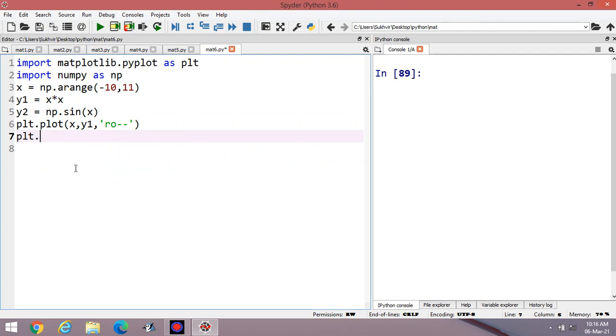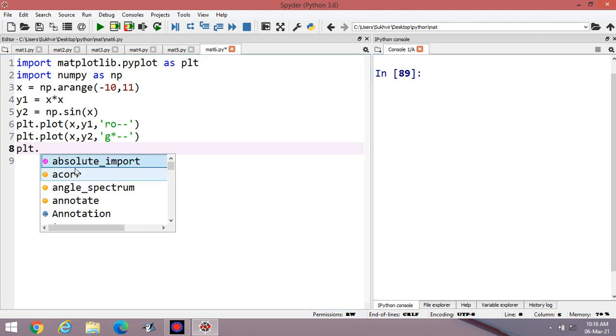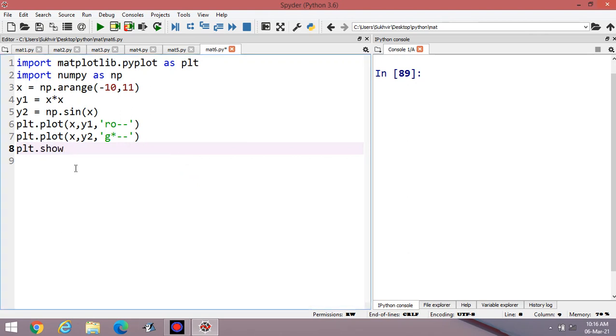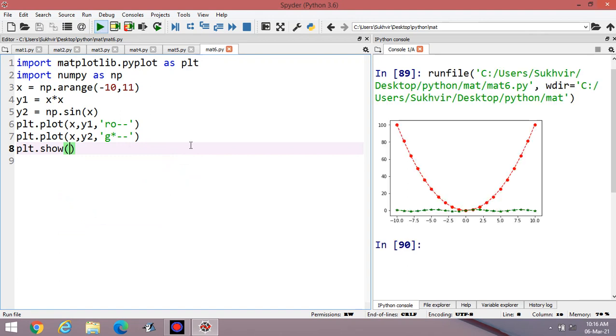Similarly, for the second graph, x, y2, and let the color be green followed by stars. Then plt.show. This one was the first content. These are the two graphs.